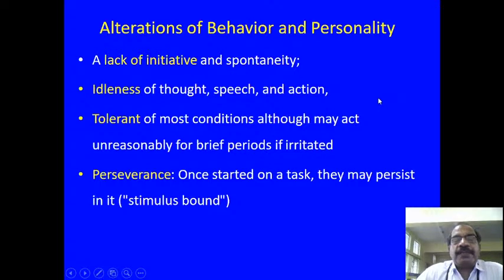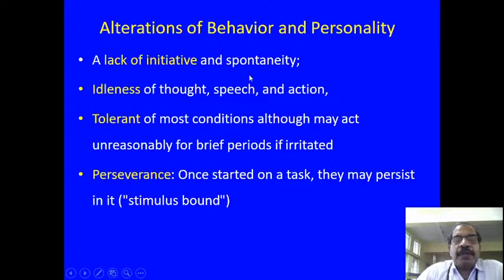Besides this, the patient will have various other abnormalities in the form of behavioral abnormality and personality abnormality. One is the lack of initiative. Something happens around you, something is to be done, so how fast it is to be done, how spontaneously it is to be done, depends upon the frontal lobe. So in a patient with frontal lobe dysfunction, this part will be abnormal.